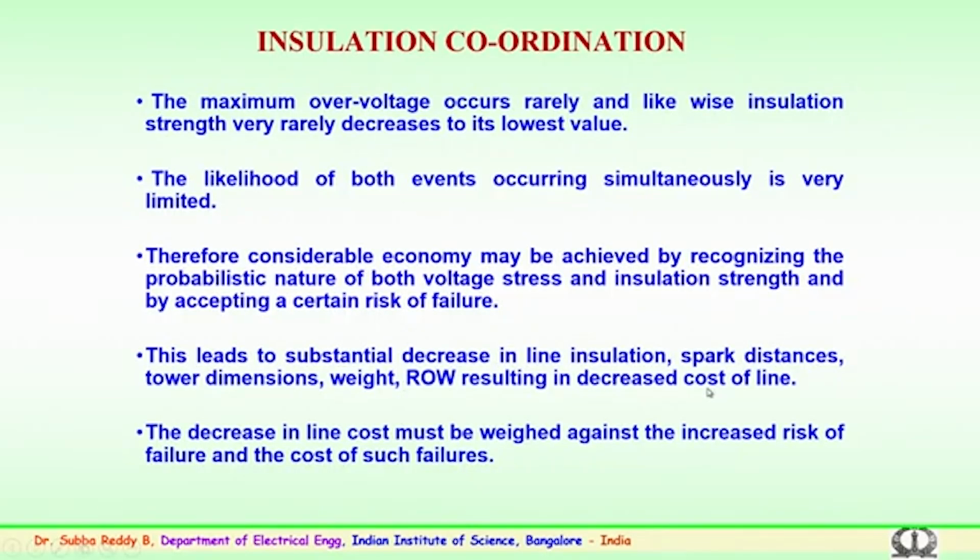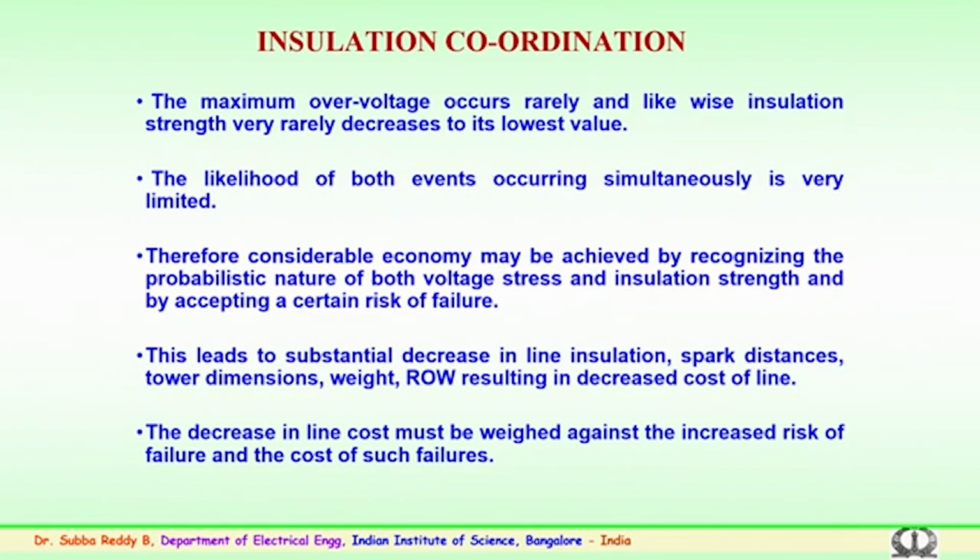The maximum over voltages, as we know, occur rarely, and likewise the lowest insulation strength occurs very rarely, because insulation strength rarely decreases to its lowest value. This has been seen in practice. So, the likelihood of both events, that is the over voltage occurrence and the insulation strength decreasing simultaneously, is a very limited and very rare event.